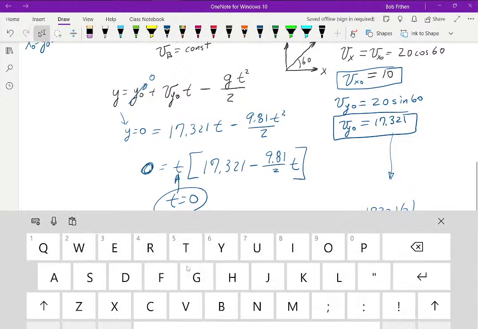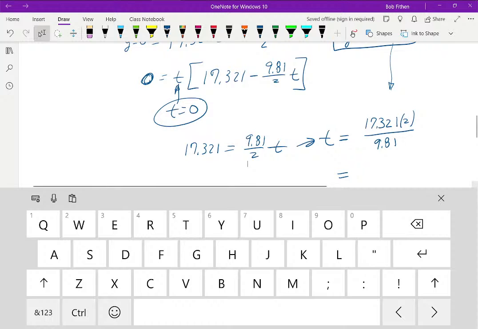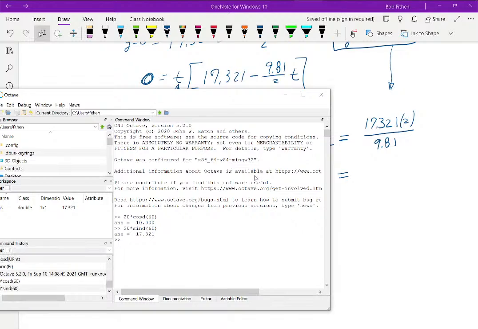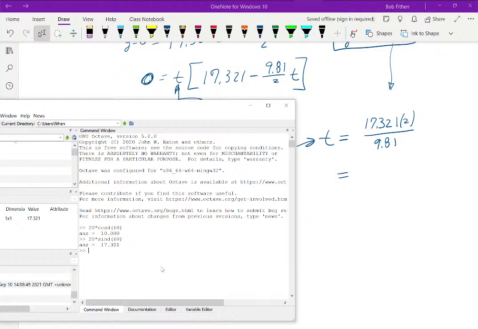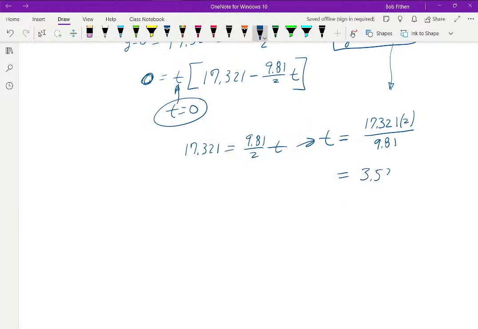Now, I haven't had any caffeine yet today, so there is a distinct possibility that I may be making a mistake, but that's okay. 3.53, that's good enough.